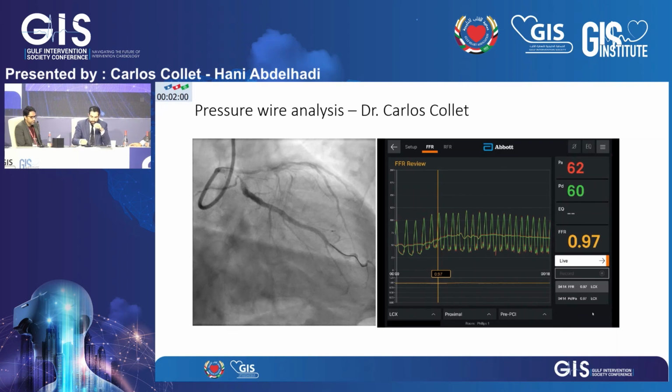Now, what we just published with CIAD was the fact that when you measure fractional flow reserve, it is affected by the hydrostatic effect. In other words, if you have a completely normal LAD and the patient is lying down on the table, the LAD actually goes upwards in the horizontal plane.